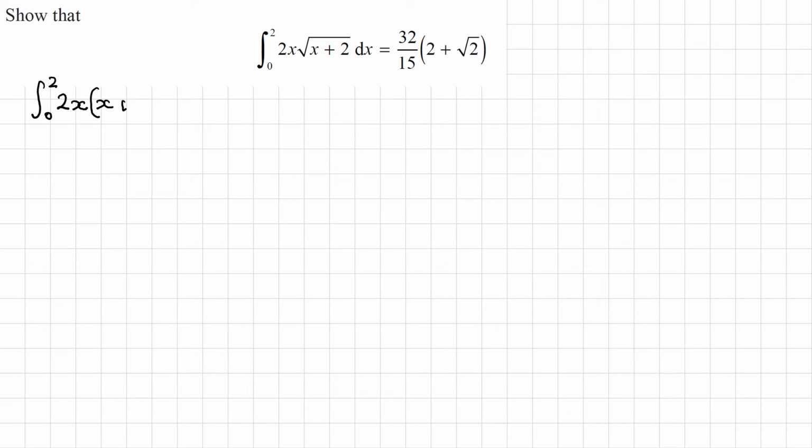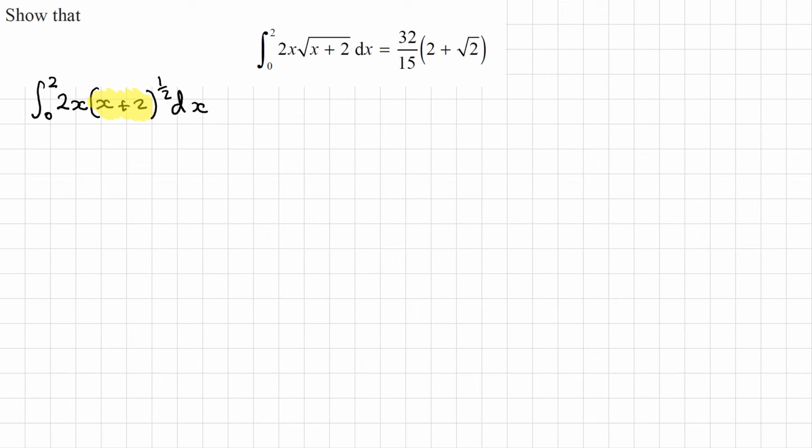And the bit that would be inside the bracket is x plus 2. If I write this to the power half, it's this bit inside the bracket here that's a good starting point for substitution. Look for that, x plus 2 in this particular question, and then what I want to do is to use the substitution x plus 2.